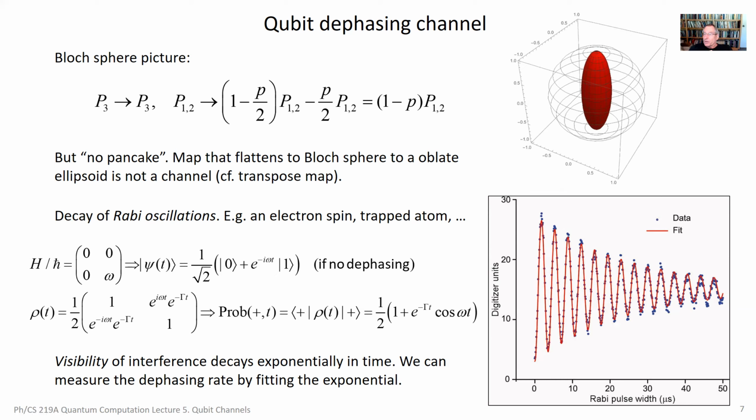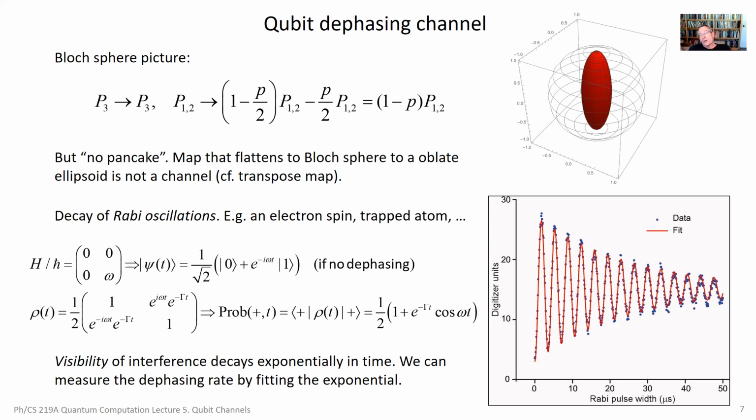But that map is really the transpose map that we talked about before, because remember that the Pauli matrices Z and X are both symmetric matrices, while Y is an antisymmetric matrix.